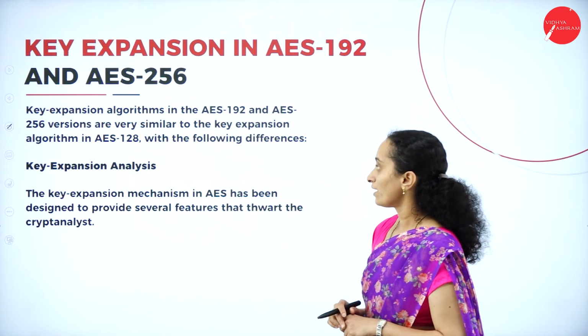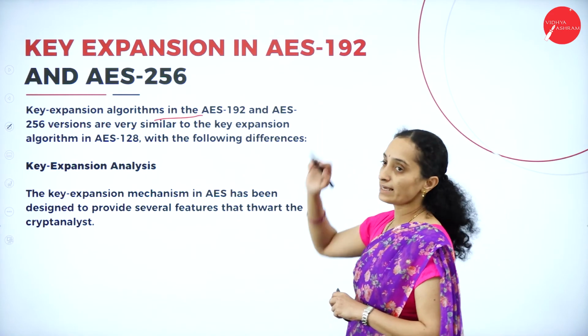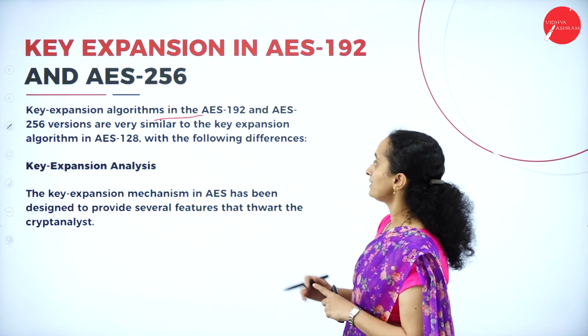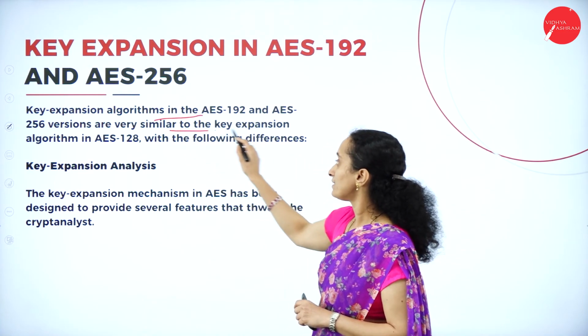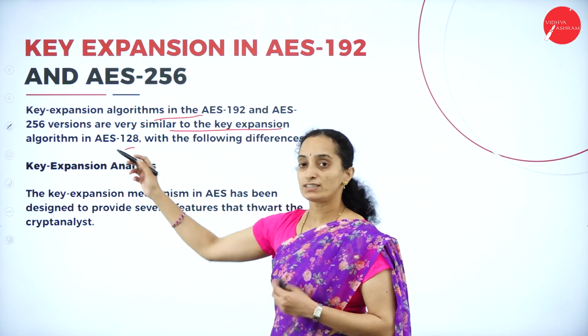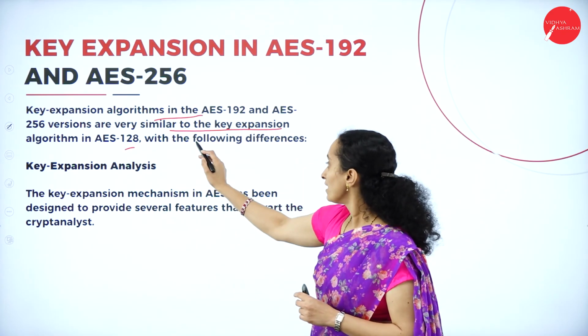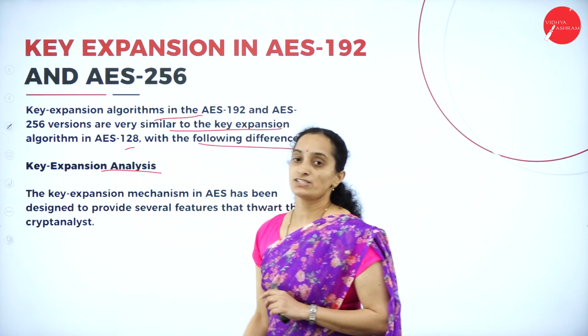Alright. So now the key expansion algorithms in AES for 192 bits and 256 bits are very similar to the key expansion algorithm for 128 bits. There is no difference, with only two differences. One is key expansion analysis.